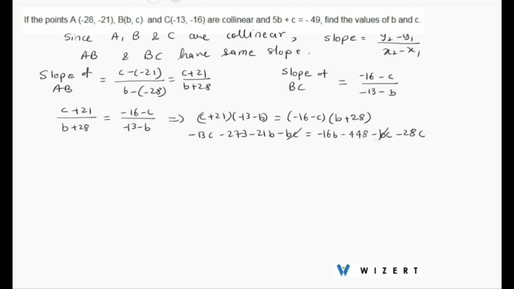Now minus bc will cancel out from both sides, so we have, let's take minus 13c plus 28c. I have taken this over to the left side. Then we have, let's take minus 16b over to this side.